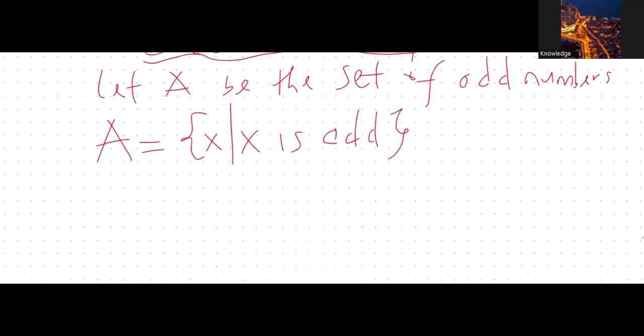The A, of course, as usual, is the name of the set. You know the curly bracket, you know the meaning, you know the equals to. So this one you read as equals to.